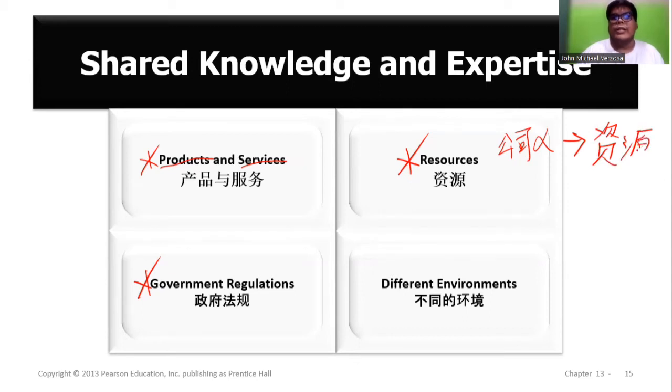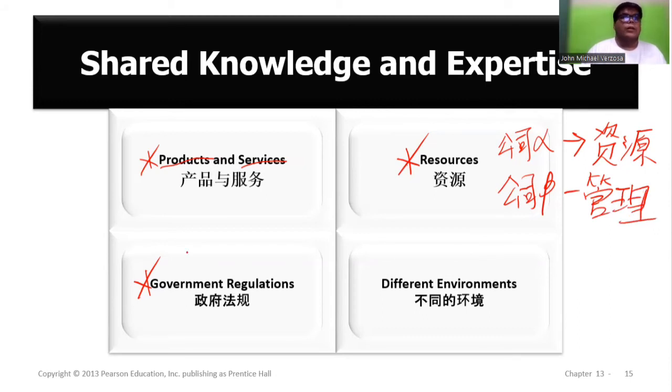Okay. So for example, then 公司 B probably has the funding. It's possible. Or this one, government regulations. For example, McDonald's.